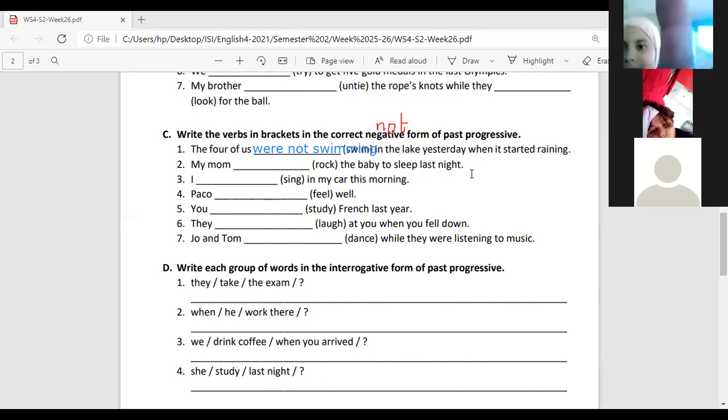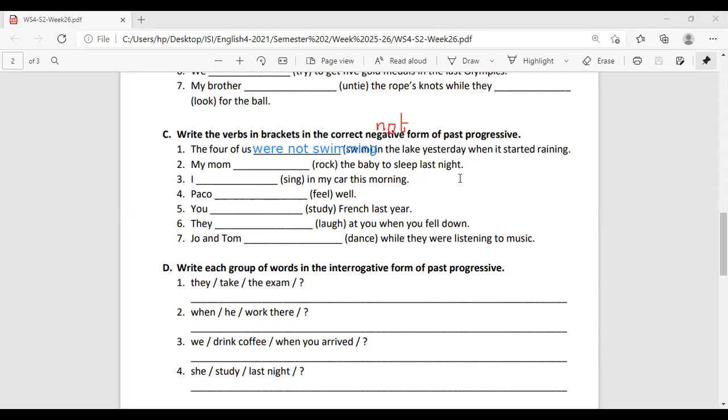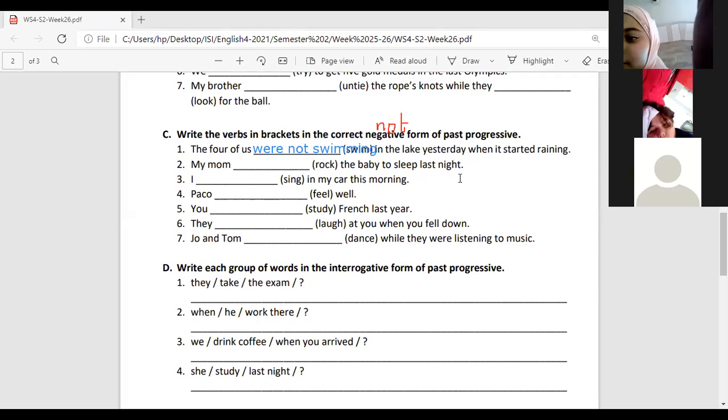Miss, I said past progressive. I didn't say simple past tense. Forget about the simple past tense now. I said past progressive. We have to use the past progressive here, like we did, Amal and I.